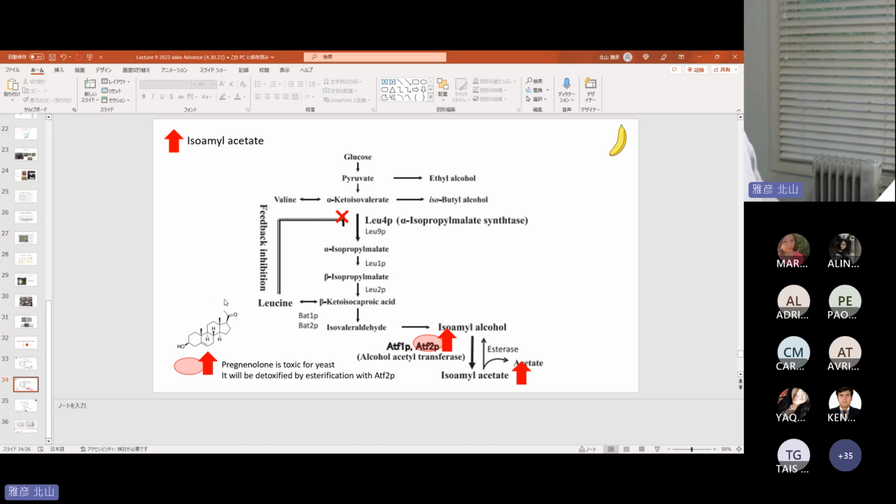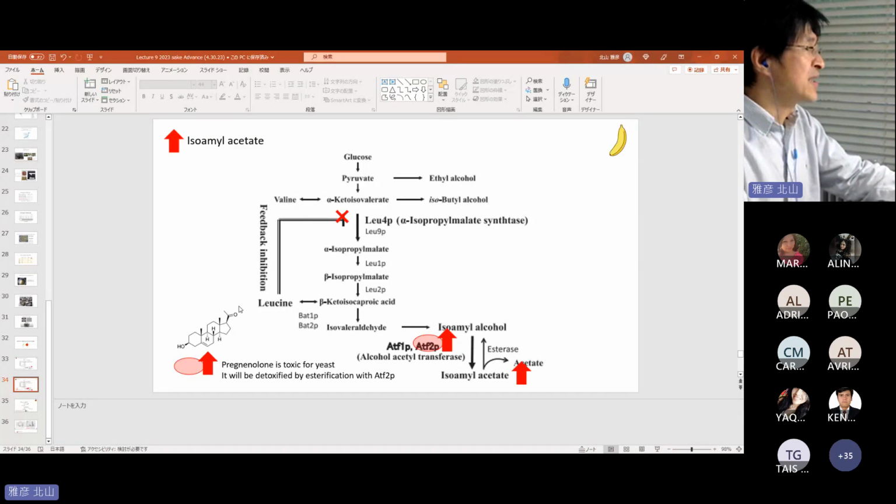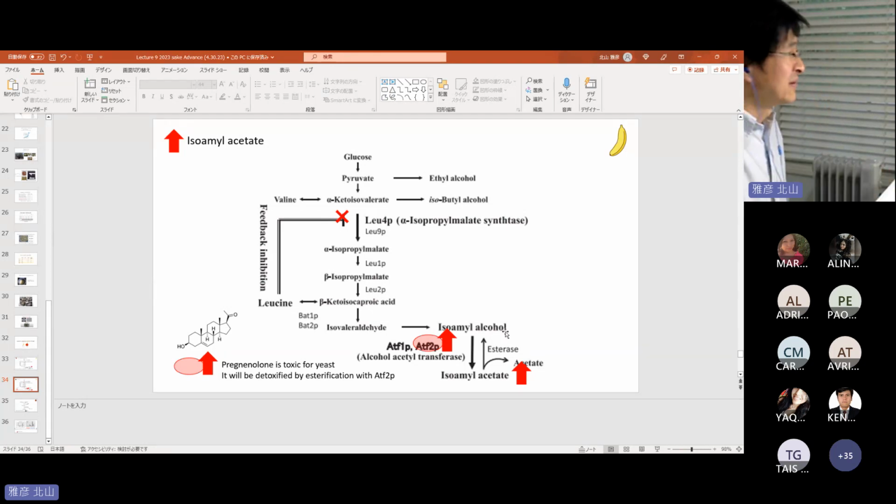So by isolating the mutant which has resistance against this compound, it's supposed to have more enzyme activity of ATF2. And they found that they obtained a double mutant.